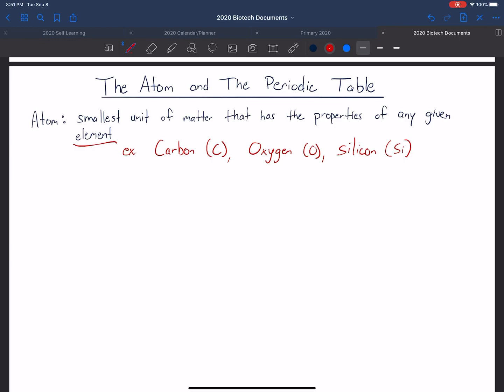If you've seen the periodic table, you've seen them all. So we're just going to briefly go over some of the components, or the pieces of an atom.